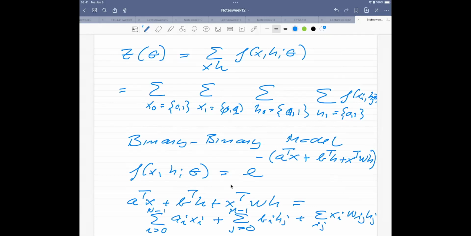So this is the binary model where the x's take values 0 and 1. The a's and the b's and the w's are real parameters, and they are the parameters we want to optimize. So if we just put an insert here, theta is actually equal to a, b, and w, where w is a matrix.